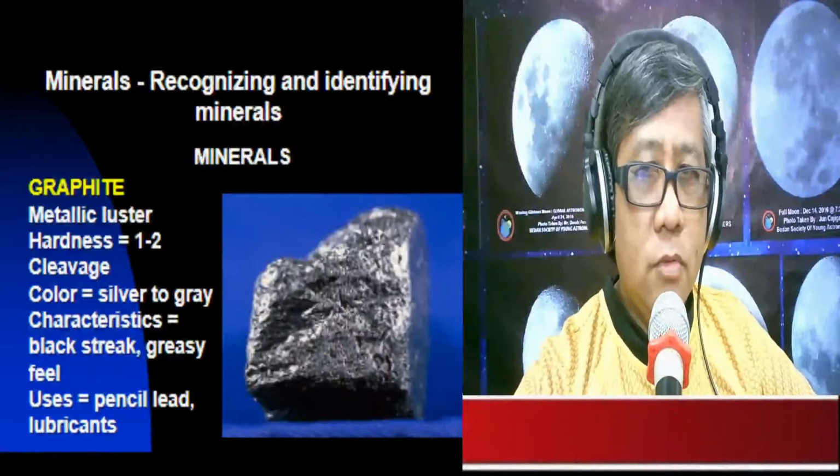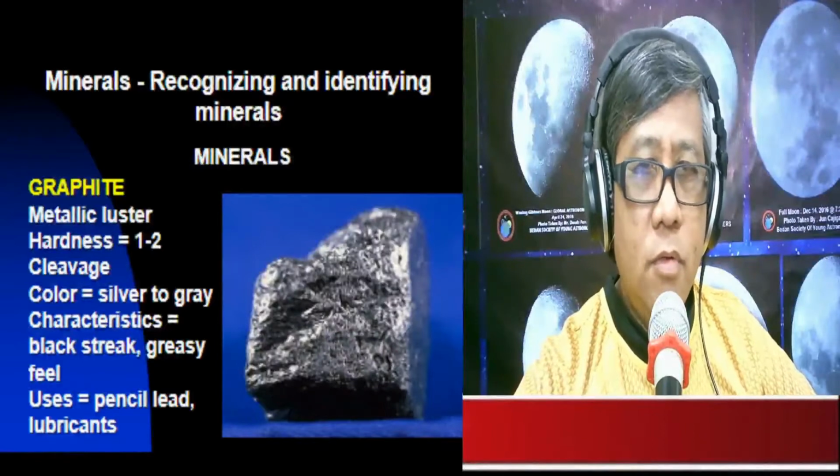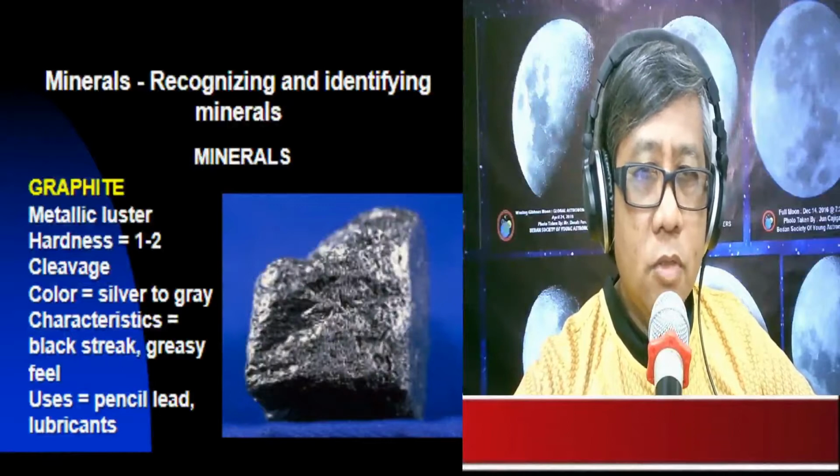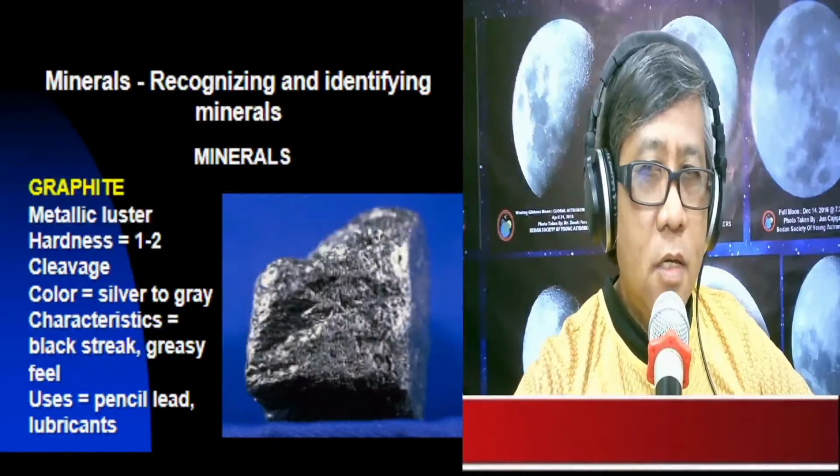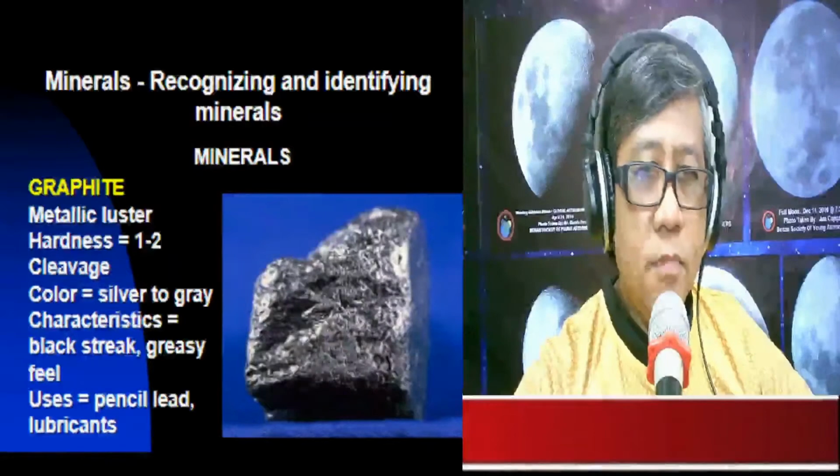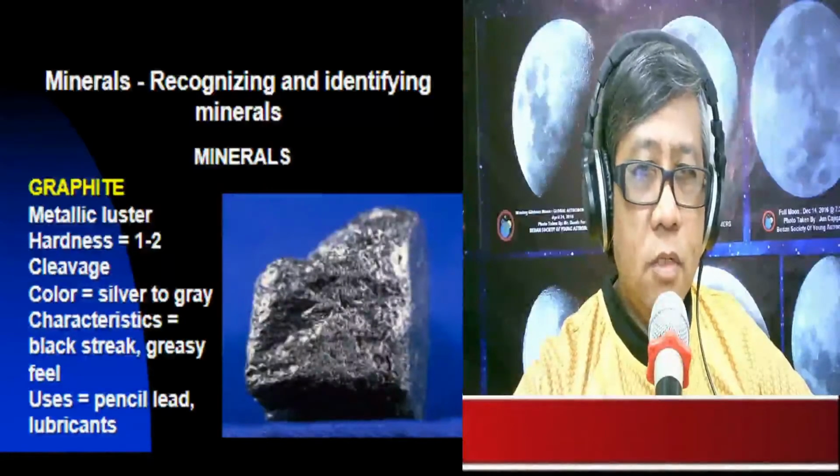Graphite also exhibits cleavage. And in terms of color, graphite is silver to grayish in coloration. Other characteristics of graphite includes the following. So graphite exhibits a black streak and greasy feel. And in terms of uses, graphite is used in making pencils and lubricants.